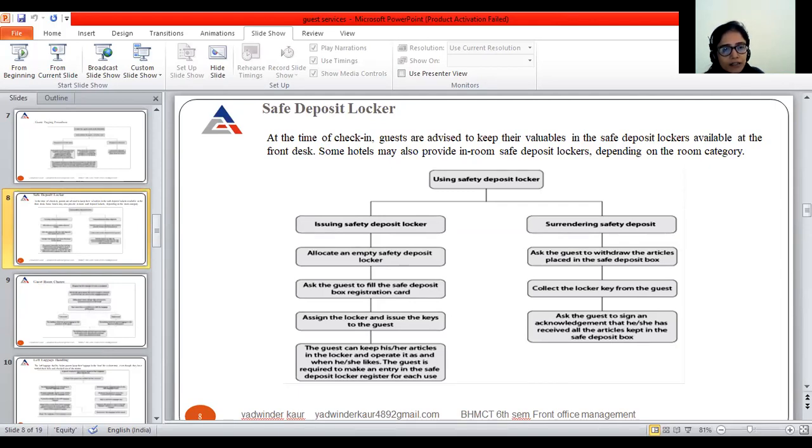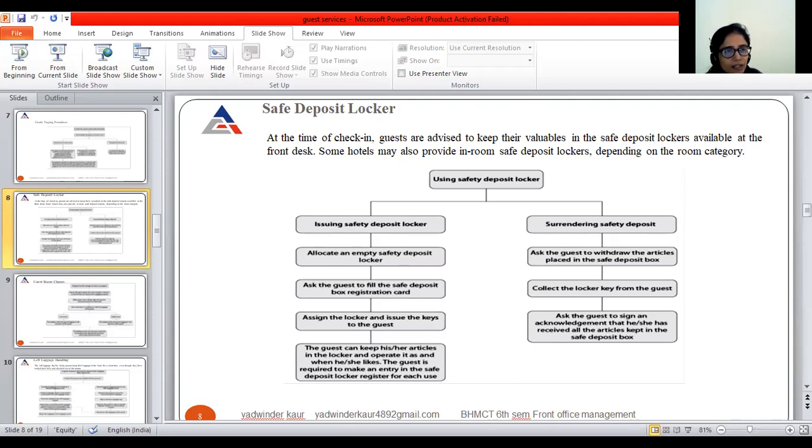When surrendering the safety deposit, when the guest asks to withdraw the articles placed in the safe deposit box, then collect the locker key from the guest, then ask the guest to sign an acknowledgement that he or she has received all the articles kept in the safe deposit locker. Right? So this is the procedure we have to follow in the hotel.